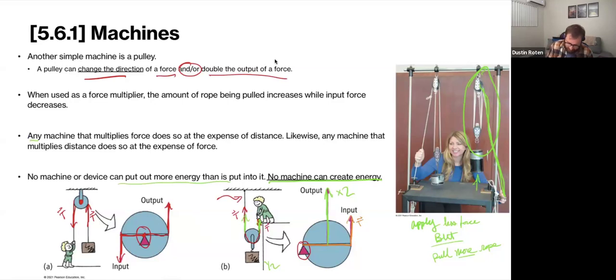But essentially, a machine that multiplies force does so at the expense of distance. That's like I said on the last slide. If I get to apply a baby force, I have to push for so far on the lever to make that work. Just like in the picture here on the right, if I want to pull with a baby amount of force to raise something with a pulley, well, if I loop it through a bunch of times through multiple pulleys, then I have to pull so much rope to get that to work.